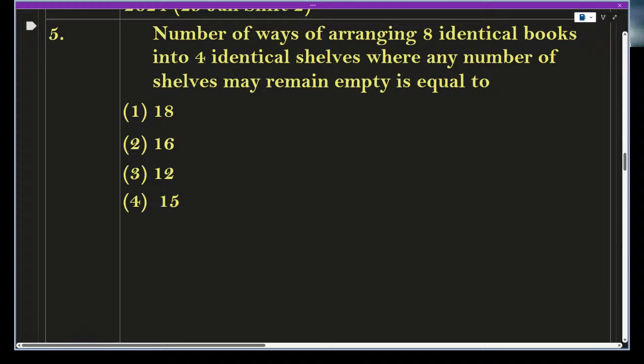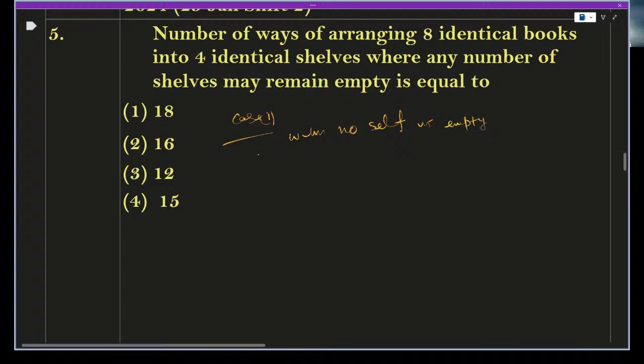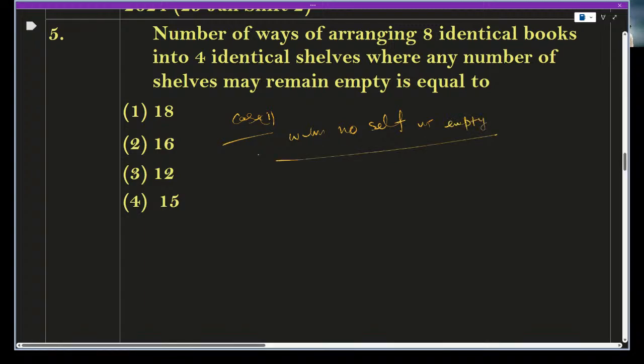First, consider the case when no shelf is empty. Case 1, when no shelf is empty. Just start arranging.